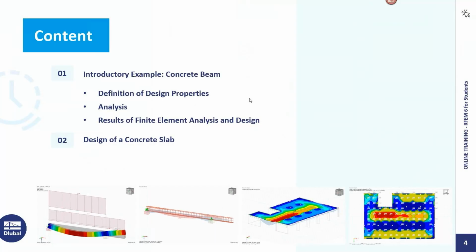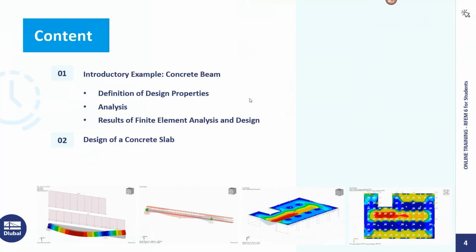Afterwards we will have a look at the results of the static analysis, the finite element analysis, and also the concrete design. After this example, we will also have a look at a concrete slab, and we will do the design for it too. That will be it for today.